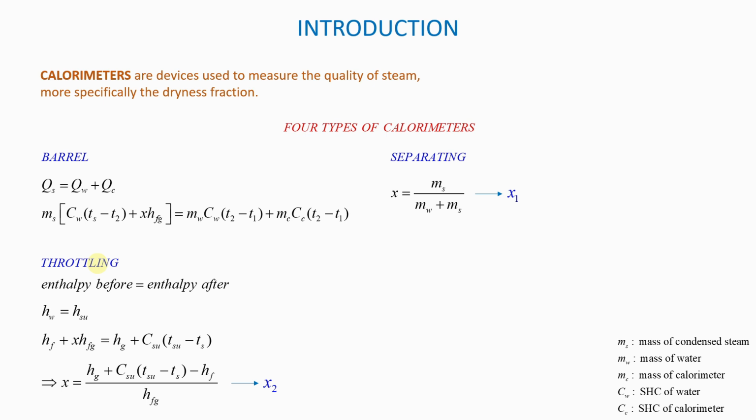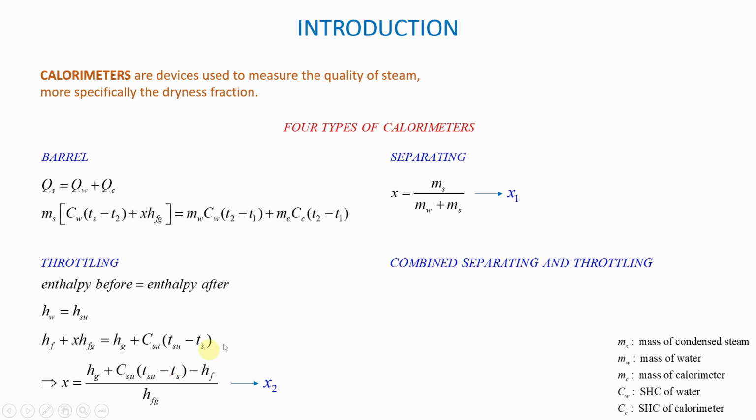And so after the throttling calorimeter, as I was saying, we have now the combined separating and throttling calorimeter. Why is it that we combine the two? It is because either one of them is not very accurate. So all these calorimeters that we've seen so far are not very accurate.